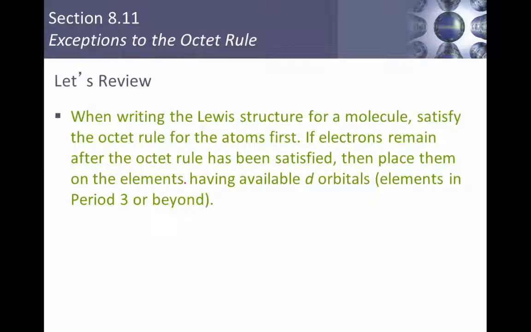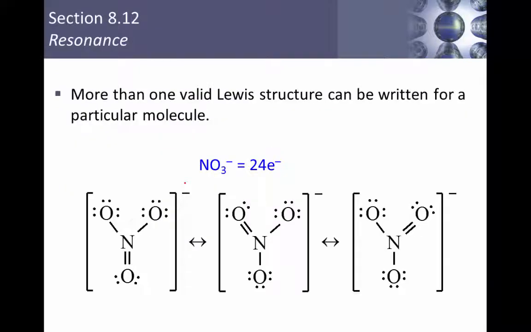So when you draw Lewis structures, try to fulfill the octet rule first. Then if you have leftover electrons, they go on the central atom, because it has d orbitals.